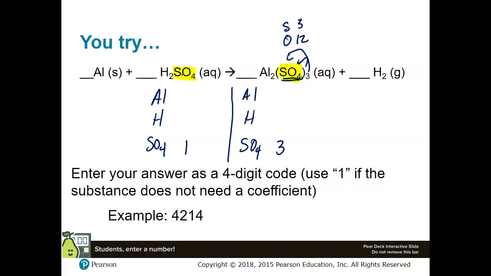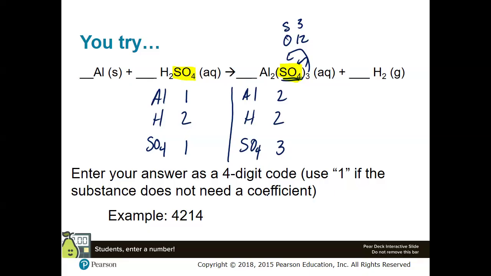And for the rest of them, I just follow the subscripts. 1 aluminum, 2 hydrogens on the reactant side, 2 aluminum, 2 hydrogens on the product side. By keeping those clusters together, it makes the balancing a lot easier because there are fewer things to keep track of. There's less places to make mistakes.